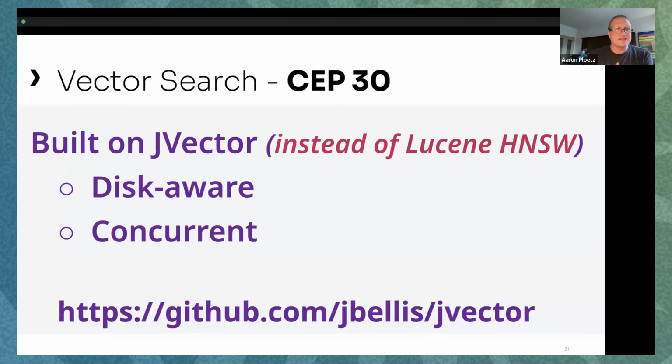I think right now HNSW is single-threaded, so that presents a challenge at higher throughput levels. If you want to check out JVector, Jonathan Ellis has it out on his personal GitHub, so feel free to go to that URL and take a look at it as well.